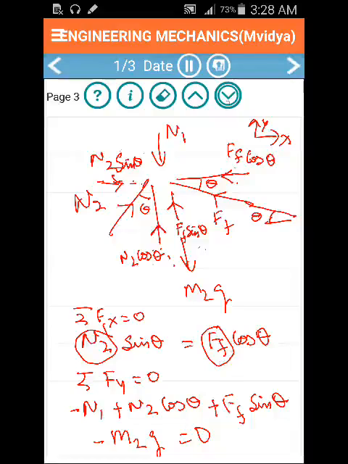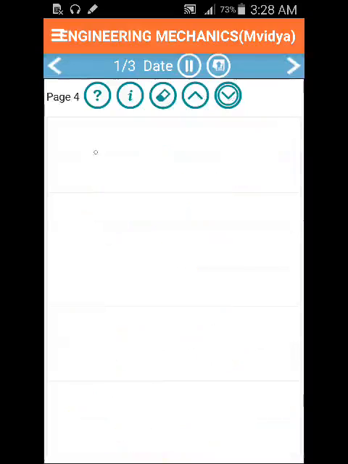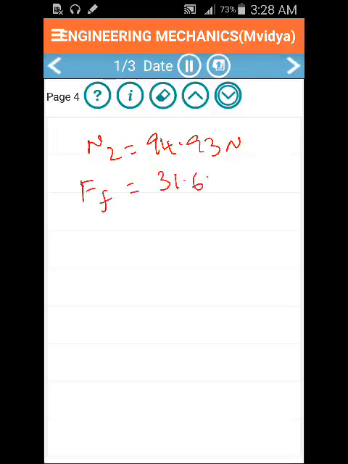As I have two unknowns and two equations, solving them we get the value of N2 as 94.93 newtons, and the frictional force is 31.63 newtons, acting in a direction like this.